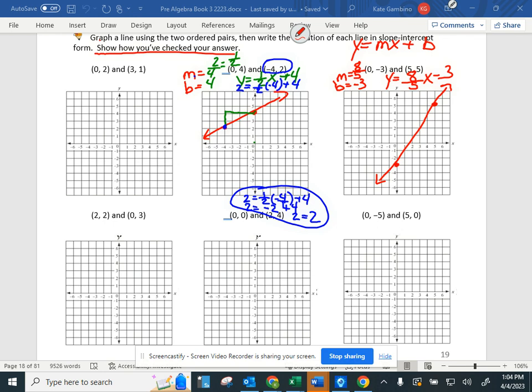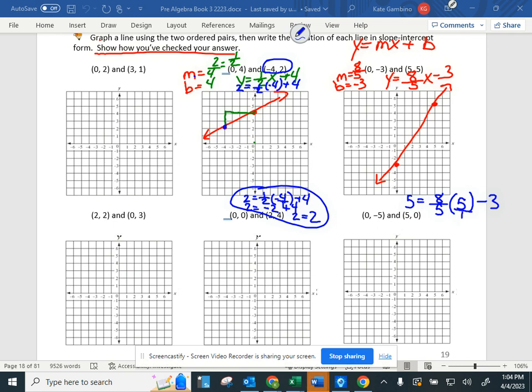So now I have to check my work. I'm going to take my ordered pair that's not the y-intercept, and I'm going to plug it in. So my y is 5 equals 8 fifths times my x is 5 minus 3. So 8 fifths times 5 gives me what?